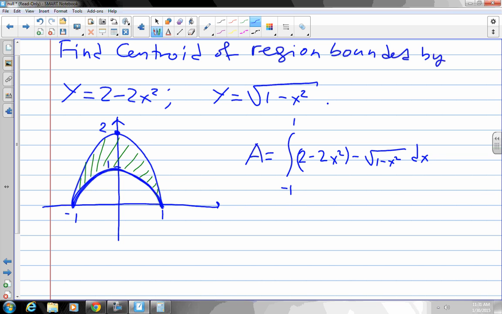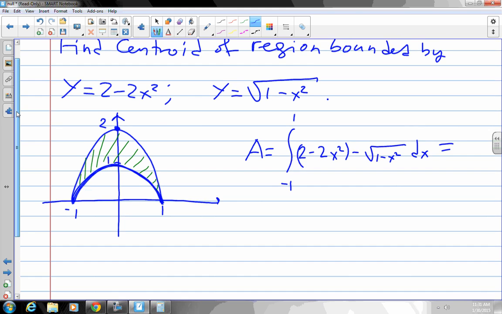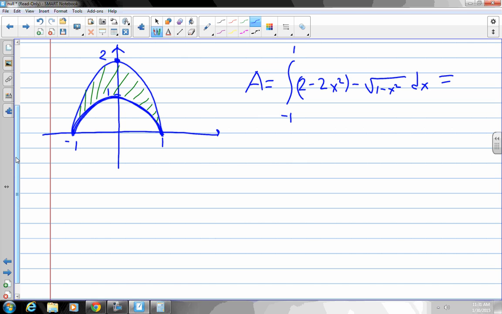Because we recognize the symmetry with respect to the y-axis, we can just double everything and integrate from 0 to 1. We'll just have to be a little careful. So it's from 0 to 1.